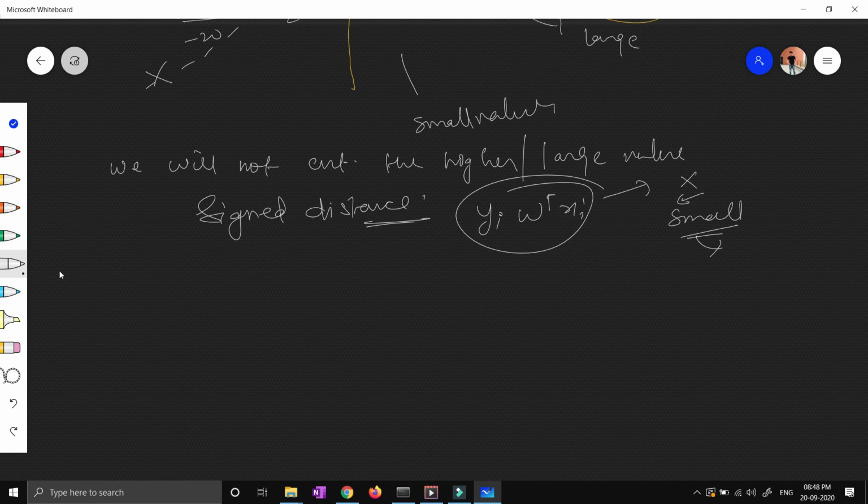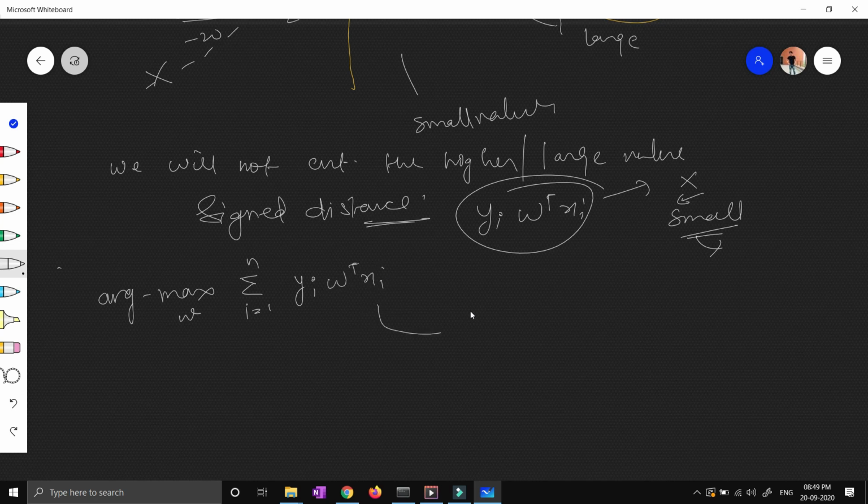In order to correctly handle the outliers, right? So why are we doing this squashing? We want to handle the outliers, right? So now you can see over here that my earlier optimization equation was argmax w, we have to maximize the value of w, summation of i equals 1 to n of the signed term, right?